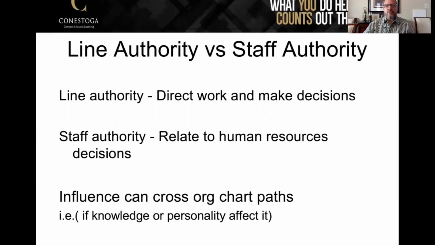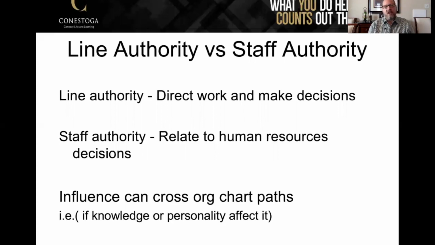Now, of authority, there's two categories, if you will. So there's line authority, which is about business decisions. So, who do we sell to? What do we price it at? Things like that. Staff authority is about human resources decisions, and beyond just who do we hire, but compensation and benefits and how much holiday and things like that.